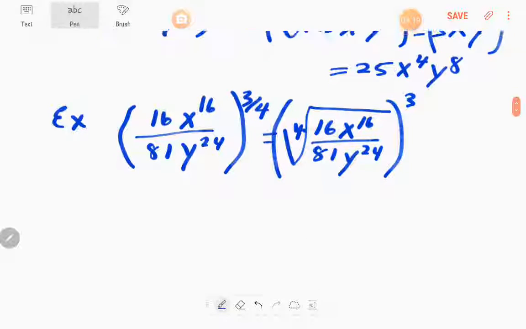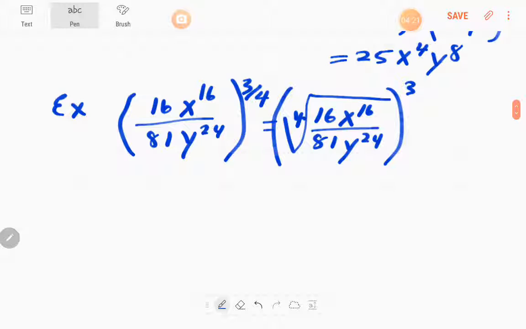So here, the 4th root of 16 is 2, because 2 to the 4th power is 16. And so we'll get 2 x^4 over 3 y^6.